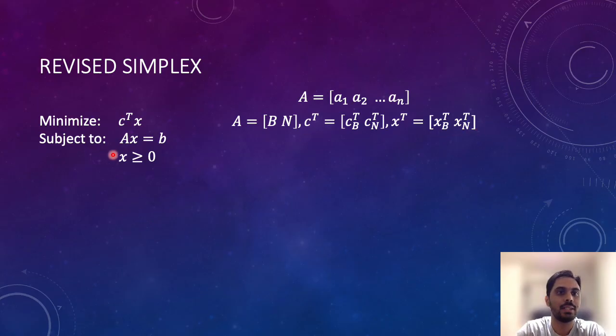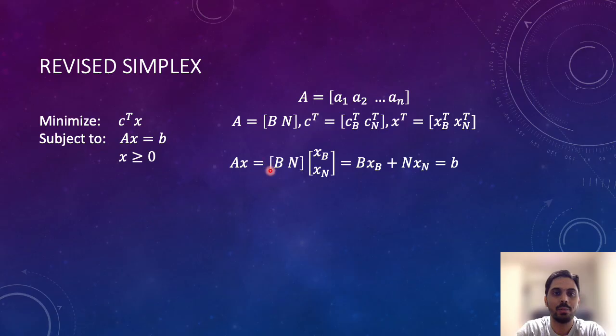If we rewrite this equation Ax equal to b in terms of this decomposition, it will look something like this. A is [B N] and our X is [XB XN]. If you do the matrix multiplication, it will be B times XB plus N times XN, and that is equal to our right hand side b. Now if you want to find the value of XB, we can move the N XN term to the right hand side of this equation and then multiply everything by B inverse on the left hand side.